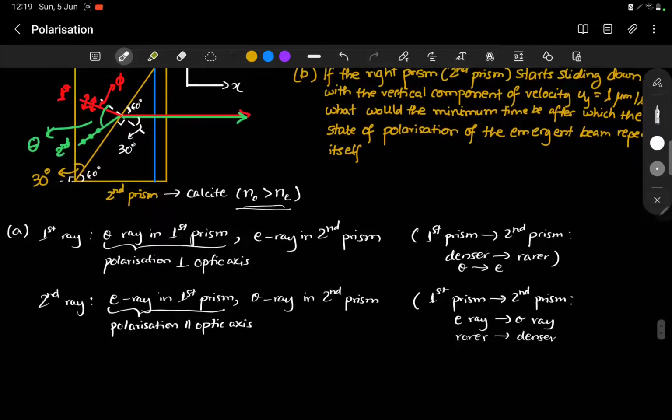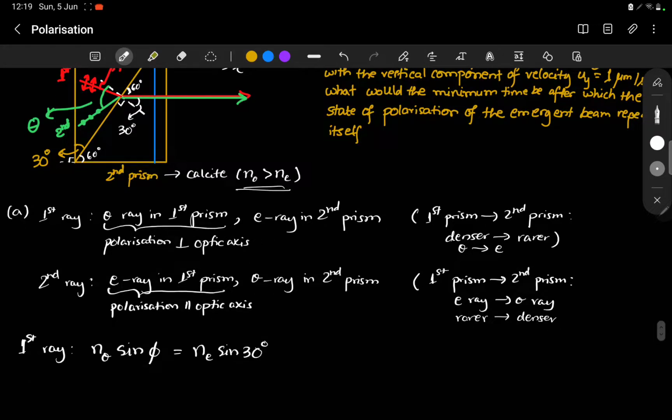So let us apply Snell's law to both the rays. For the first ray, it is an ordinary ray in the first prism, so NO sine phi, where phi is the angle with the normal. It becomes an extraordinary ray in the second prism, so NE sine theta, where theta is the angle made with the normal. This is for the first ray.